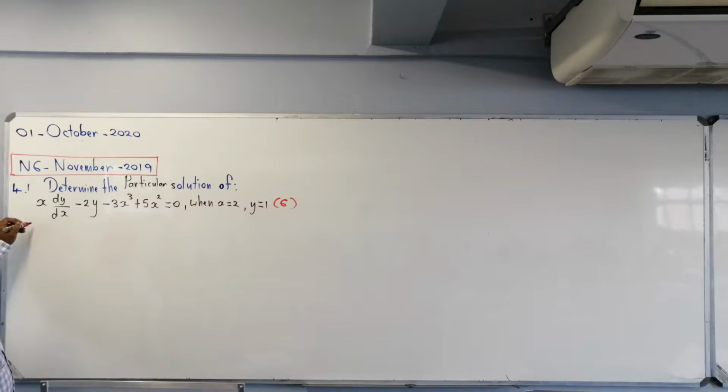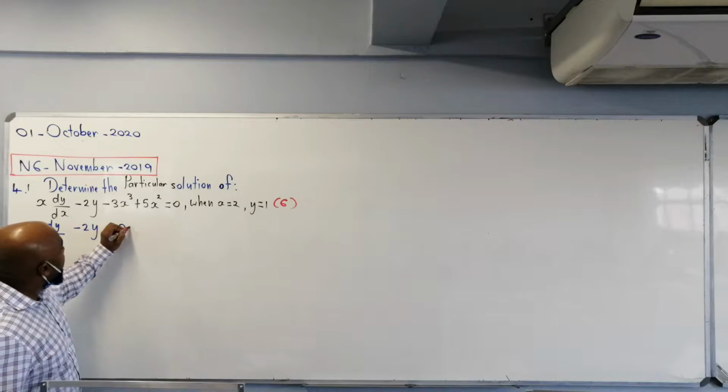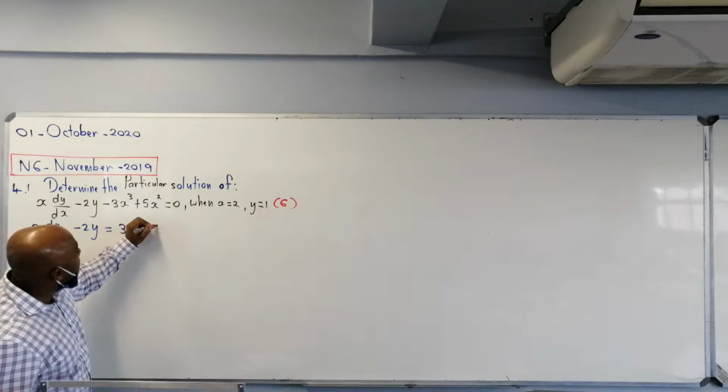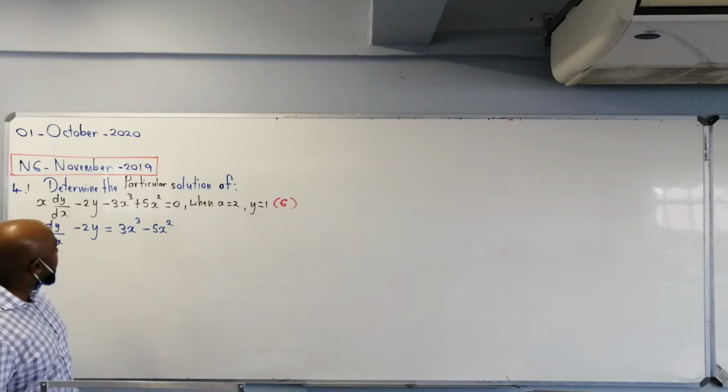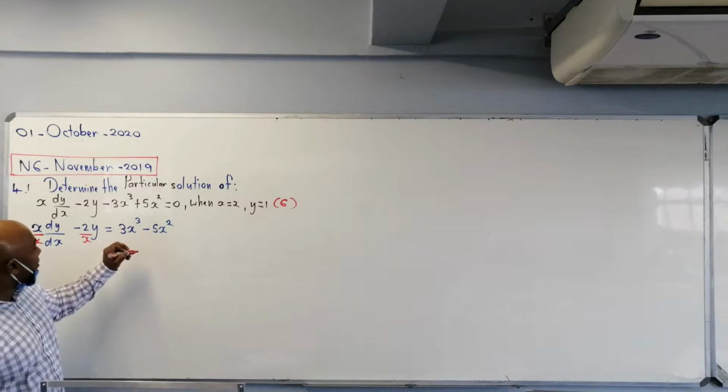So what we can do here is we've got x times dy over dx minus 2y is equal to 3x cubed minus 5x squared. Now, all I have to do is divide by x because I want the coefficient to be a positive 1. So I'm going to divide by x or multiply by 1 over x.